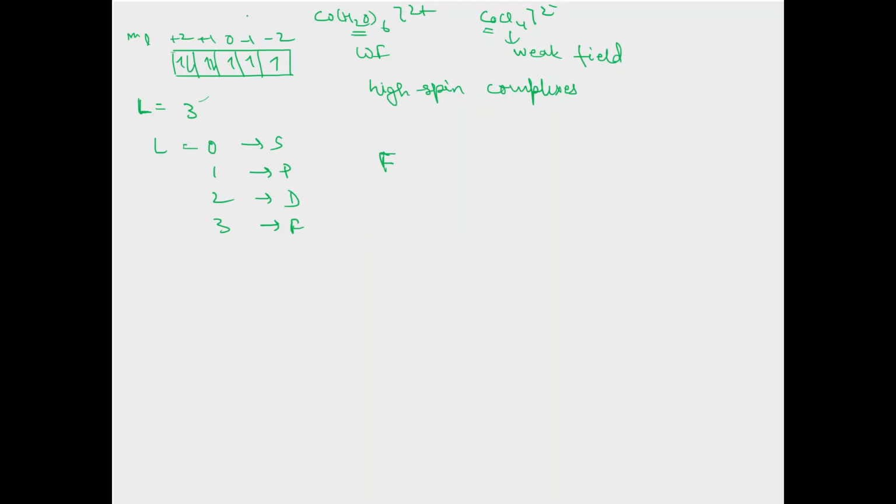Okay. Then what is the total spin number? That is S. S is half into the total number of unpaired electrons. In this case we can see that there are 3 unpaired electrons, so half into 3, it's 3 by 2.